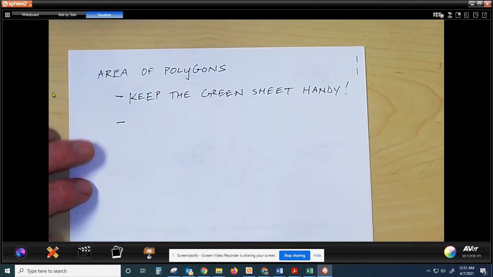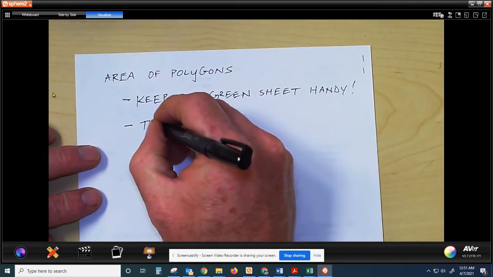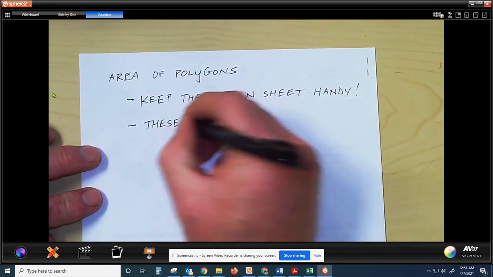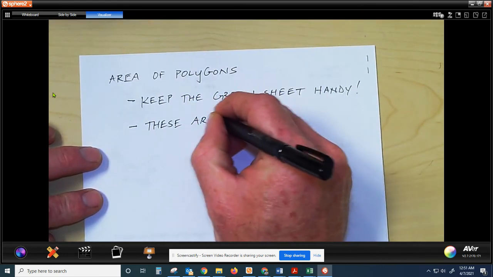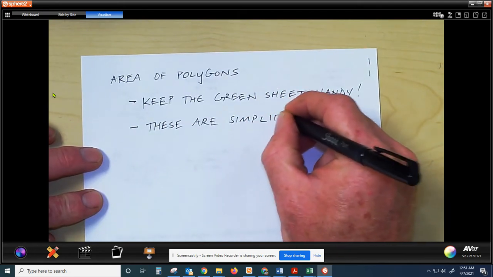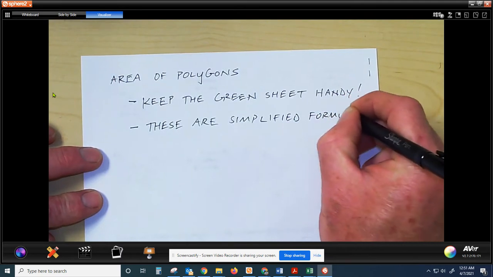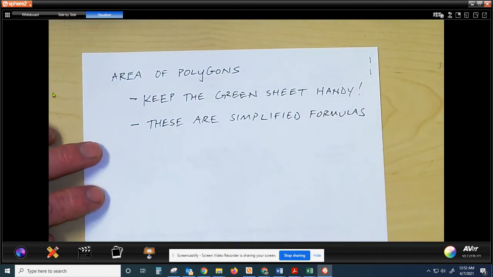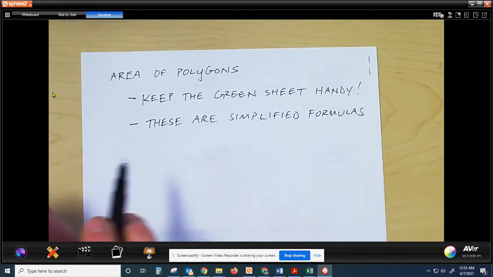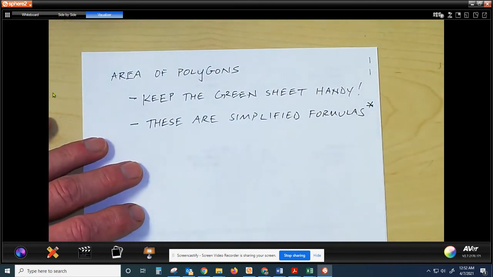What comes on the green sheet? Well, these are simplified formulas. We're only going to write down 3 bullets here. These are simplified formulas, and I'm going to put a little asterisk right there.